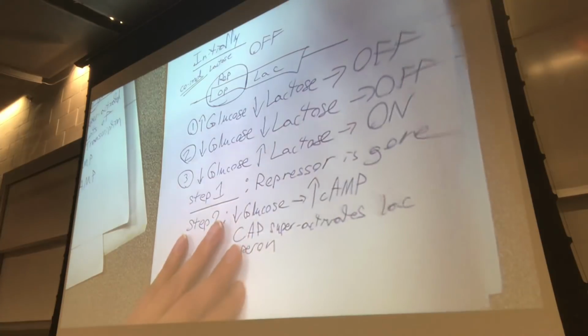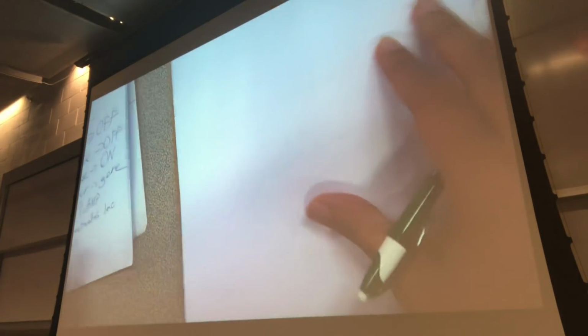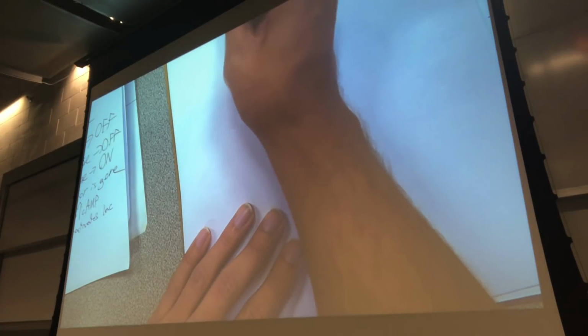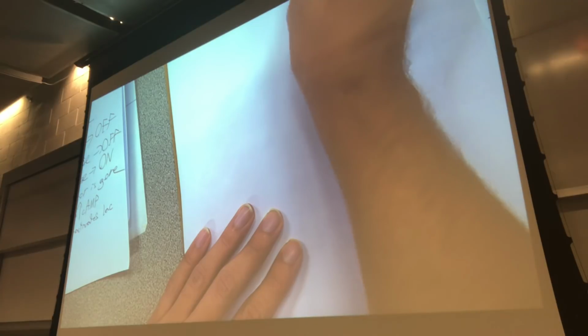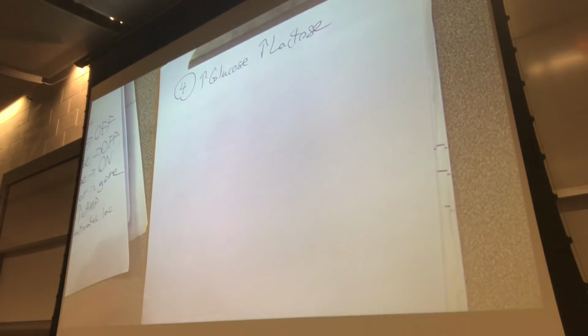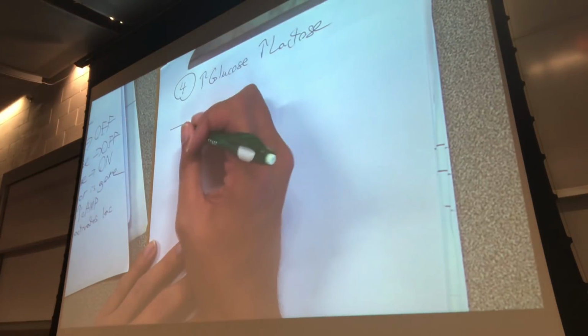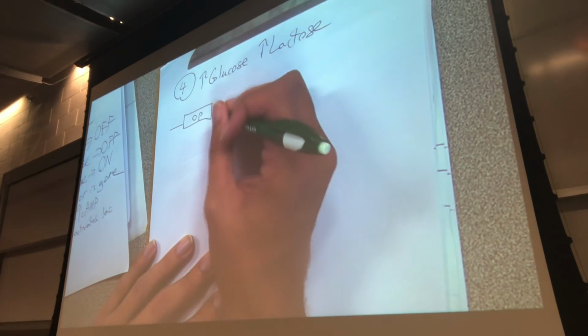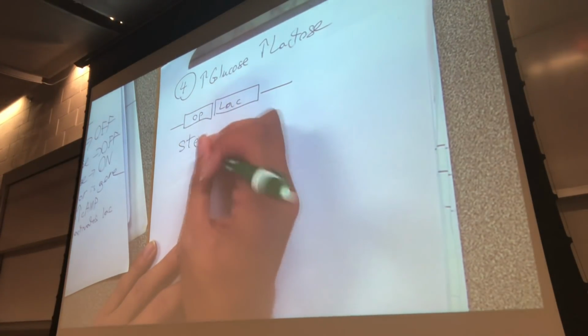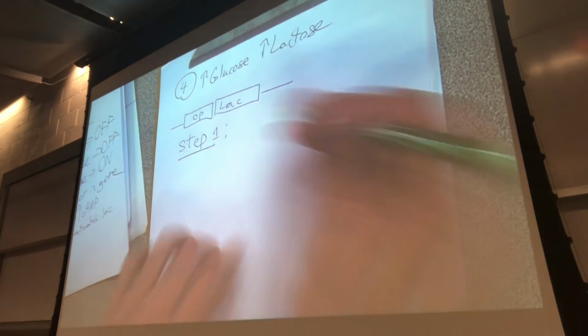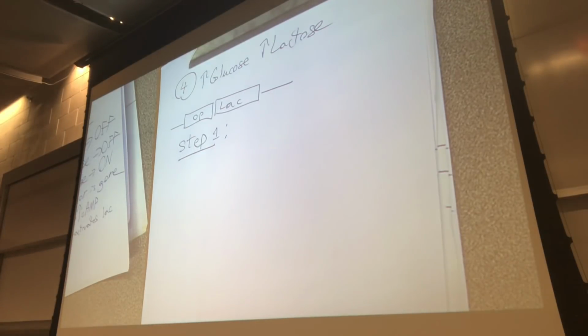And I'll start this on another page. What if you have a lot of glucose and a lot of lactose? Okay, well, whoops. What if you have a lot of glucose and a lot of lactose? Well, let's see. We draw our stuff again. In step one, since there's plenty of lactose, what happens to the repressor? It's removed, right?